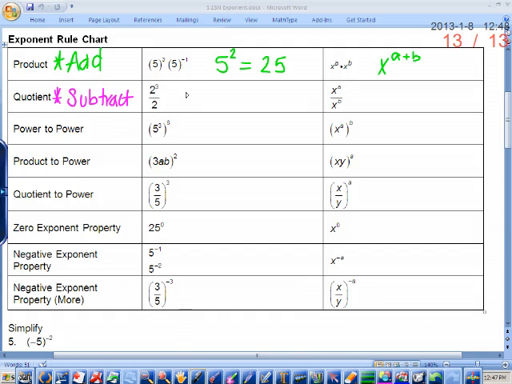So keep your base and then subtract your exponents. 3 minus 1 is 2. So 2 squared is 4. And would it ever be different from top and bottom for the base? It has to be the same base.